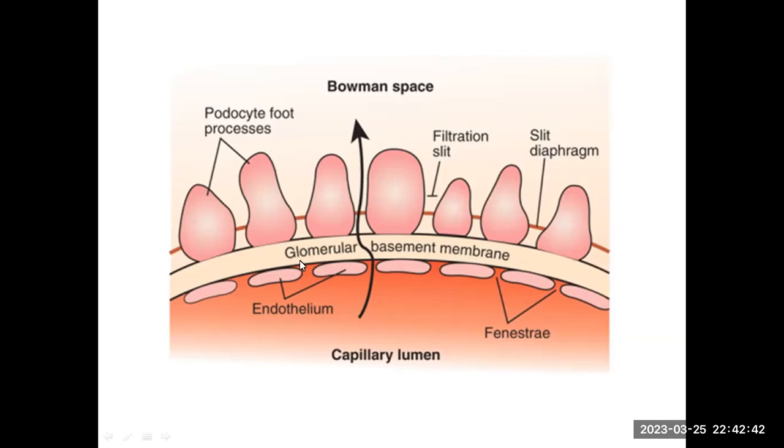So the substances should not just have an adequate size to cross the pores on the endothelial layer, but should also have an appropriate size to pass through these filtration slits. So the podocytes also give a size barrier, contributing along with the endothelium. So this is the basic structure of the glomerular filtration membrane.